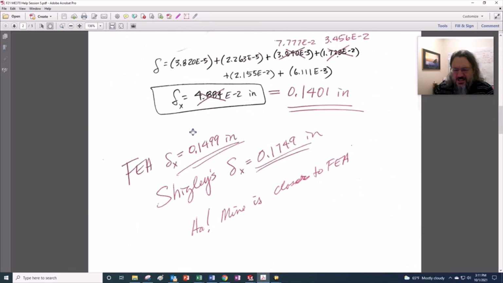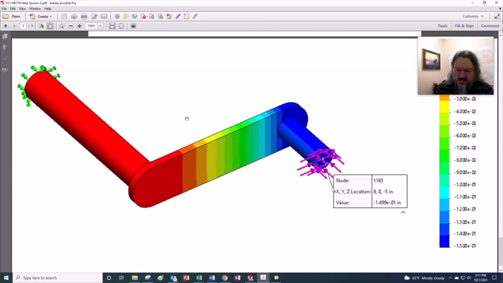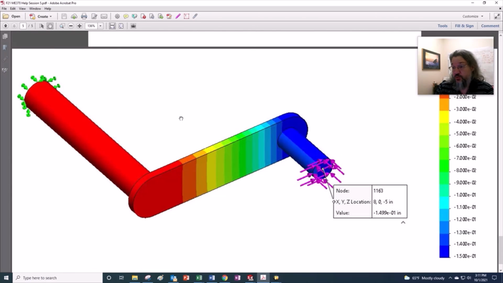There are lots of other things that are going to be different between reality, or between the simulation and the hand calculations. Some of them are like in this joint, like what's actually taking place there. Is there some additional stiffness there? Or maybe some additional flexibility?